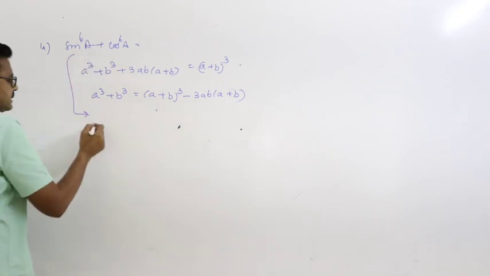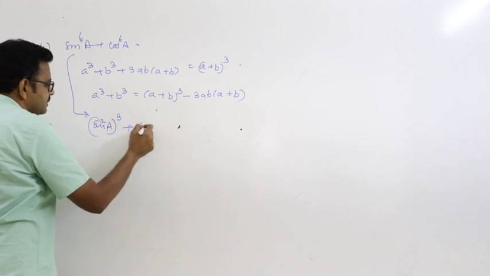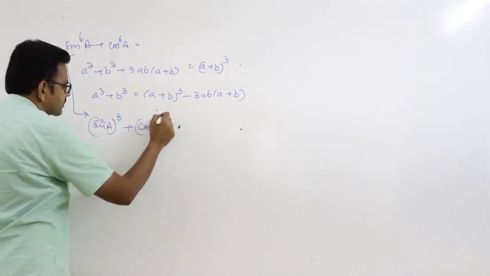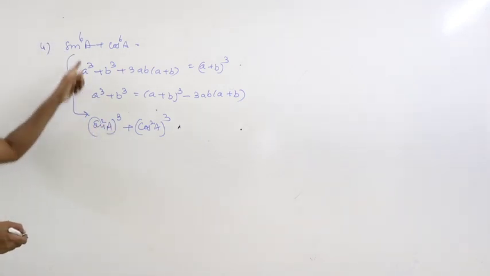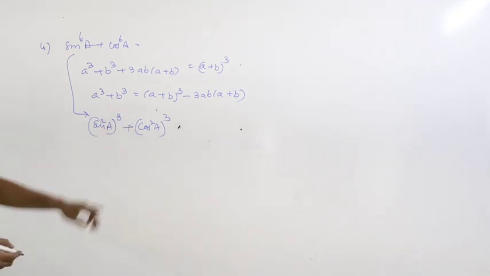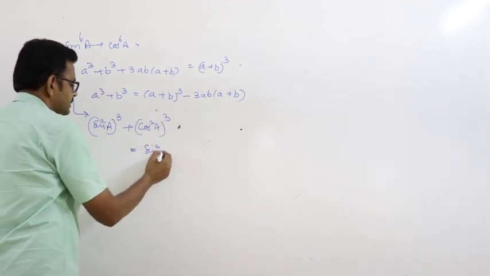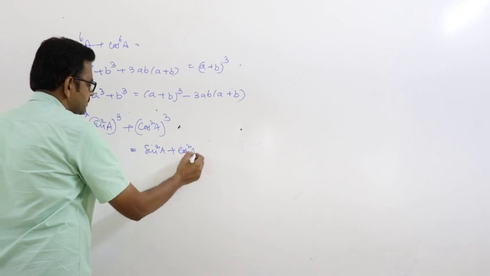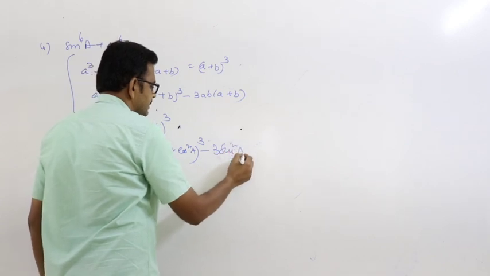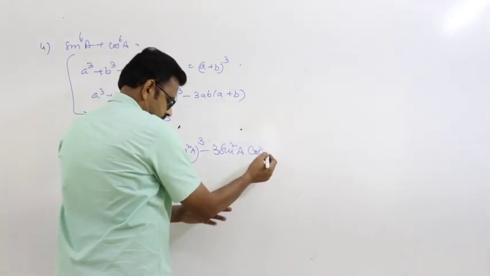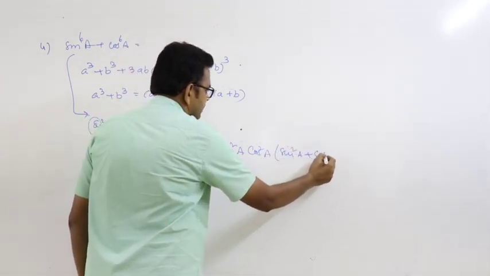so this is sin power 6a. So this is sin square a whole cube plus cos square a whole cube. So sin square a into sin square a into sin square a, that is sin power 6a. So this is just like a cube plus b cube, that is equal to a plus b whole cube, sin square a plus cos square a whole cube, minus 3 sin square a into cos square a into a plus b, sin square a plus cos square a.